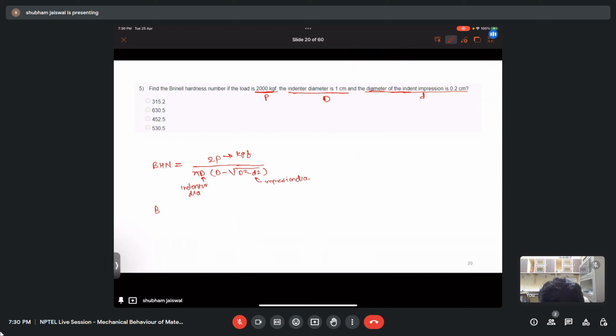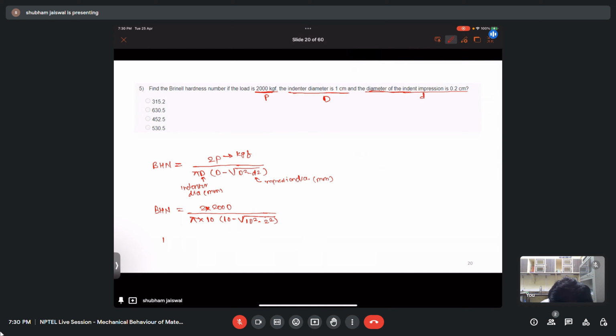BHN is equal to 2 into the load, 2000, divided by pi into D, which is 1 centimeter, meaning 10 mm, into 10 minus the square root of 10 square minus 2 square. All these are in mm.